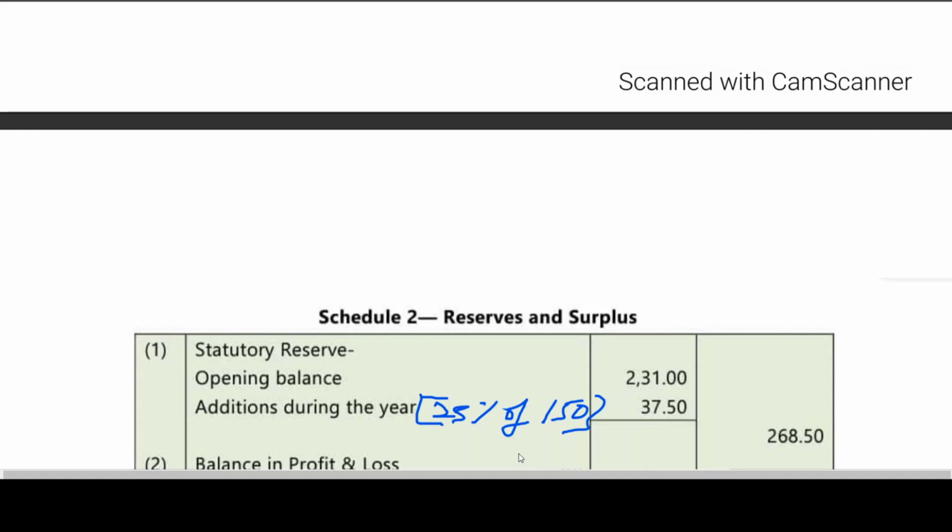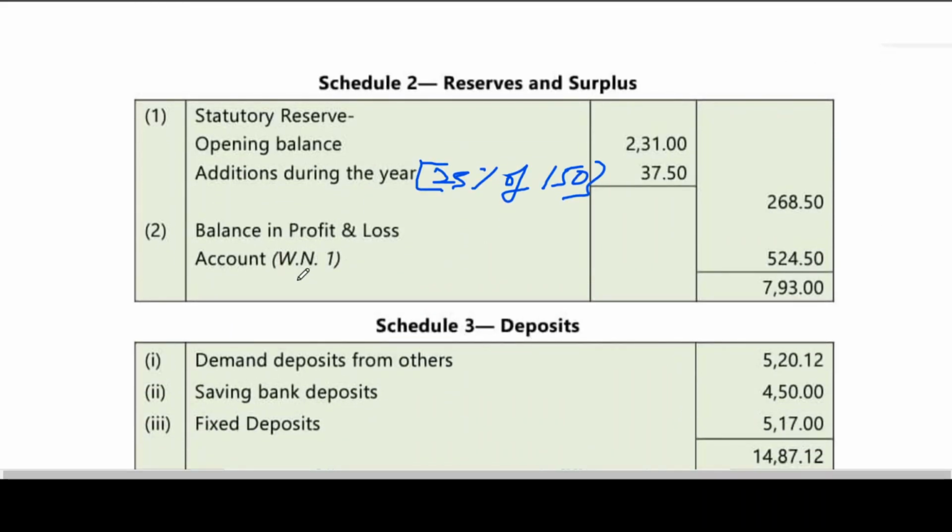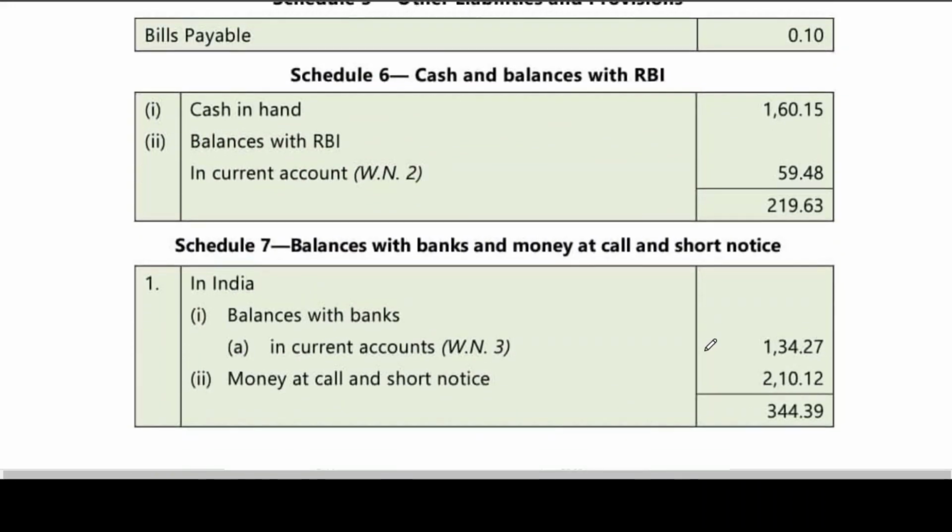You can post it, 150 into 25%. This is clear, 37.5. Then balance in P&L account is working notes number, 524.50. Working notes number 1 you have done already.